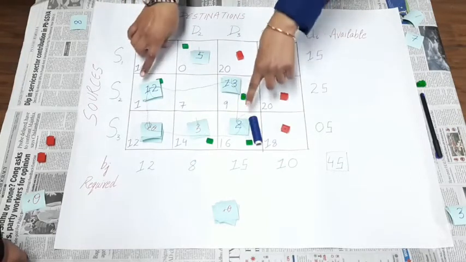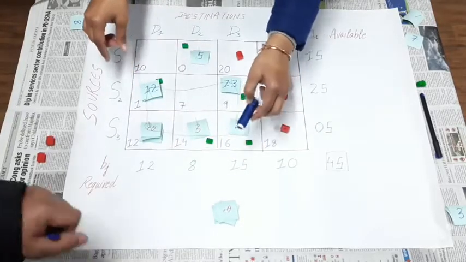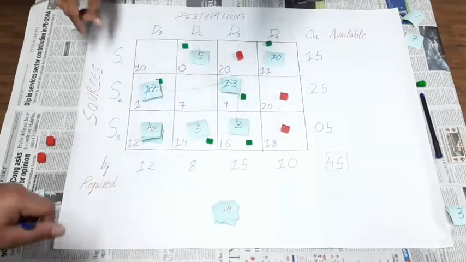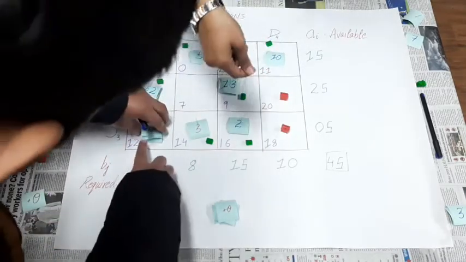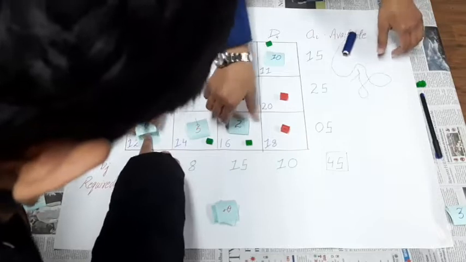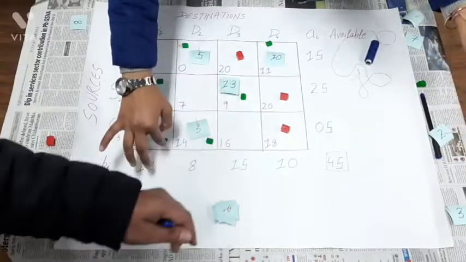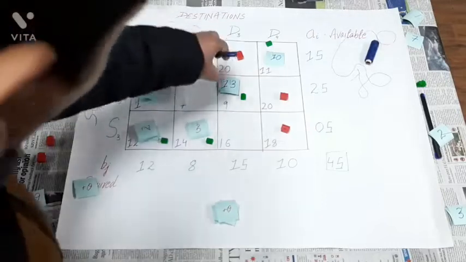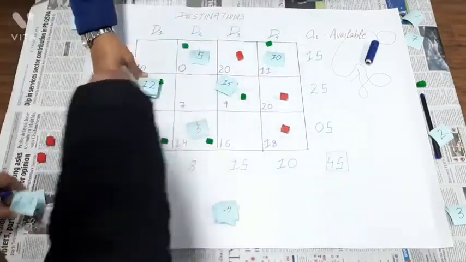The minimum of 12 and 2 is 2. So theta will be 2. And 2 units will be shifted around our loop. So theta becomes 2. 2 is ruled out, and our feasible plan becomes this basic feasible cell. And 13 becomes 15, because we are adding.